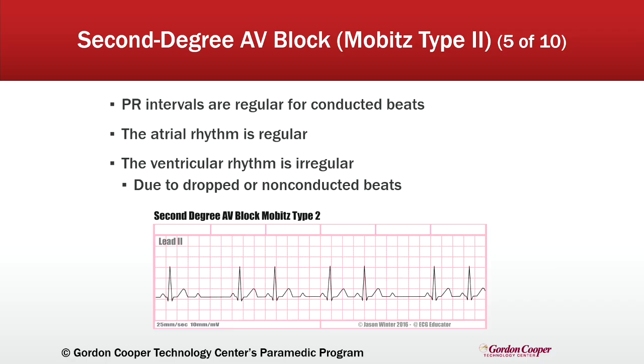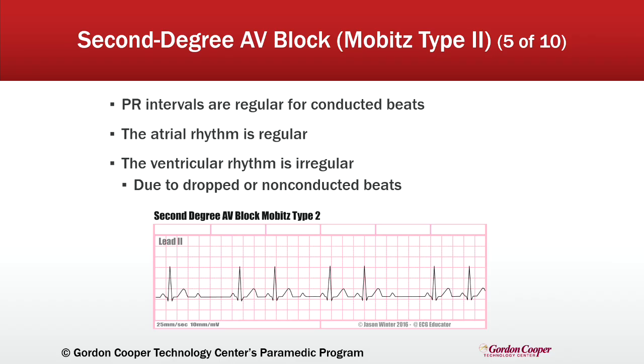So the PR intervals for the beats that are conducted, meaning those with a QRS complex following the P wave, are regular. So you'll notice that the atria are still firing at a consistent rate. That means the atrial rhythm remains regular because the P waves are being generated normally. However, because the impulse doesn't always make it through to the ventricles, the ventricular rhythm becomes irregular.